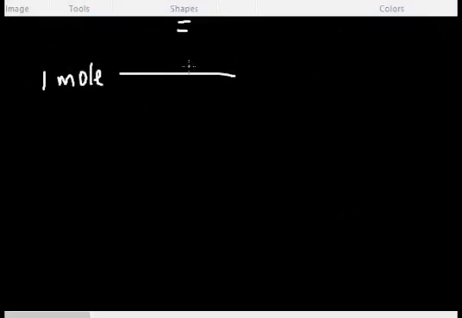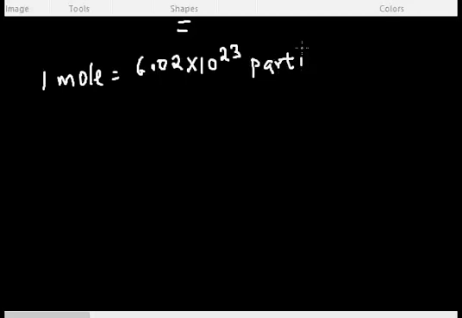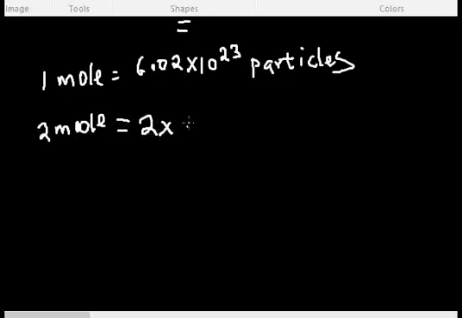If 1 mole is equal to 6.02 times 10 raised to the power 23 particles, then invariably, if I have 2 moles, 2 moles will be equal to 2 times 6.02 times 10 raised to the power of 23.